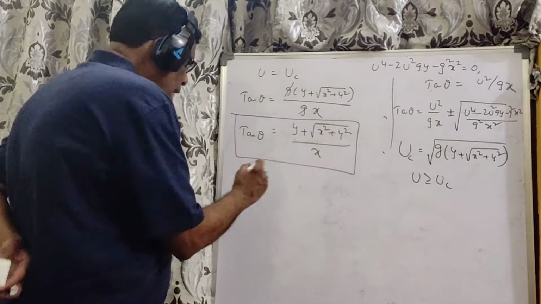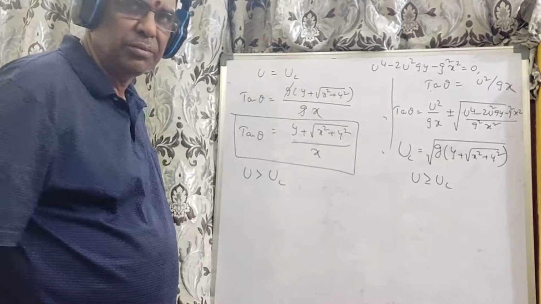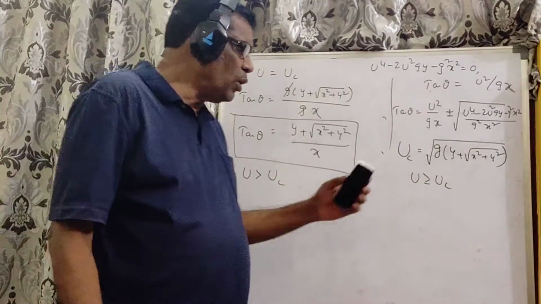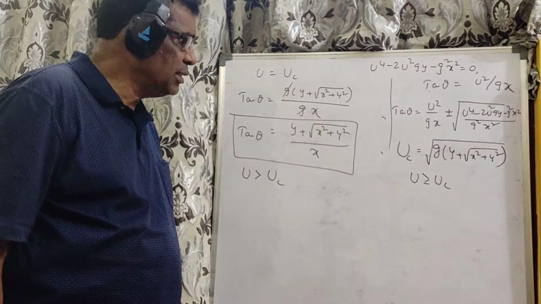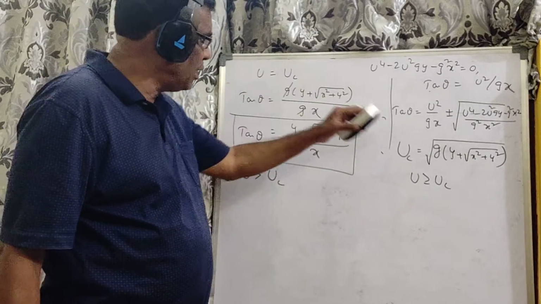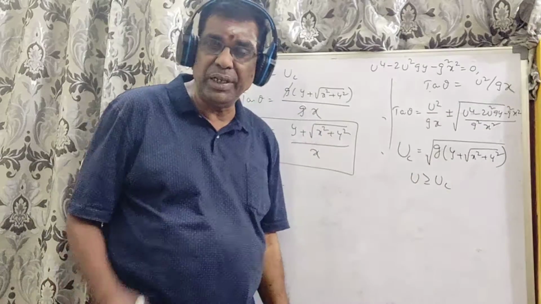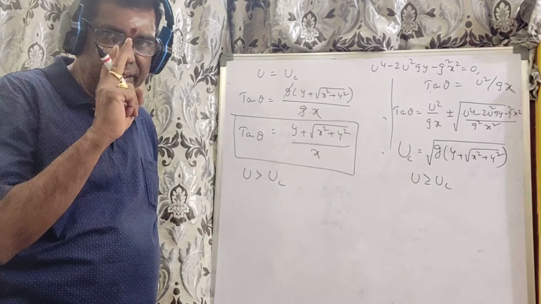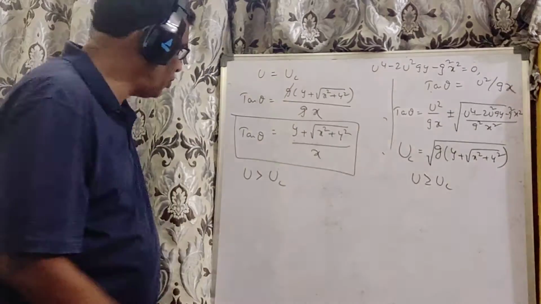Supposing I take u greater than uc and you fix it. Suppose uc, let us say you got it as 22 meter per second. I want to take 30 meter per second. If I substitute 30, then you will get tan theta is equal to this plus or minus this. That means you are getting two angles at which you can hit the target. So be careful.